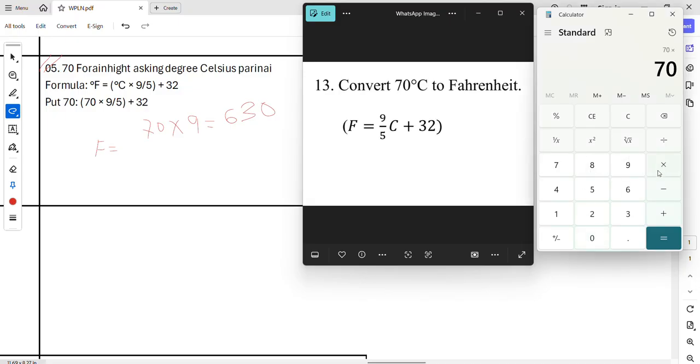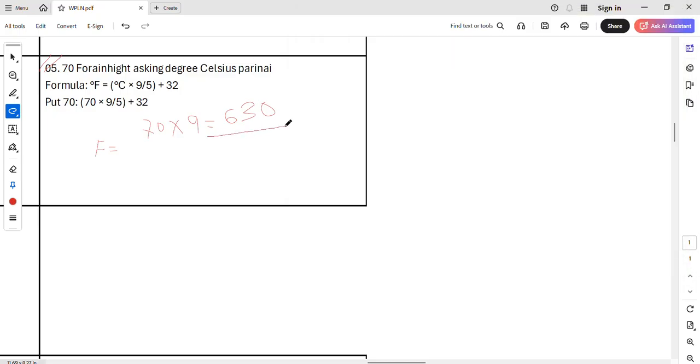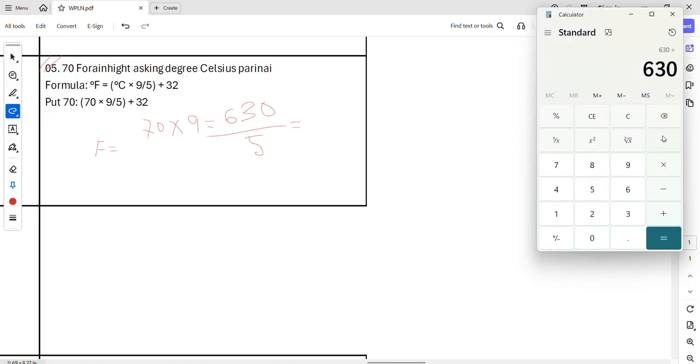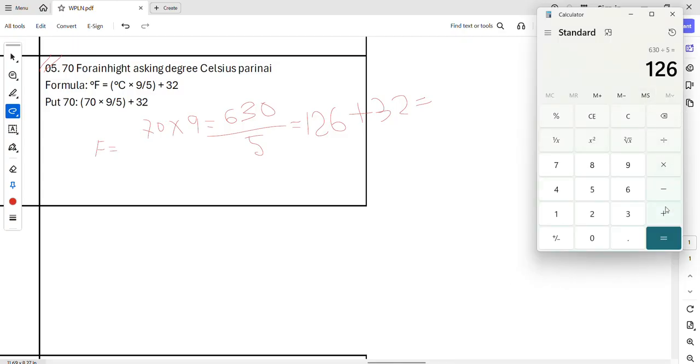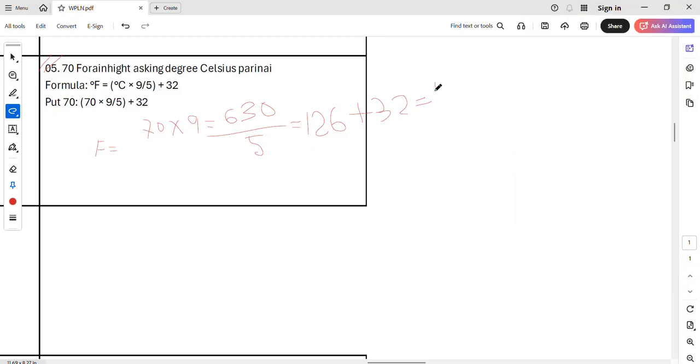So 630 divided by 5, which is 126. Then 126 plus 32 is 158. So 158 degrees Fahrenheit.